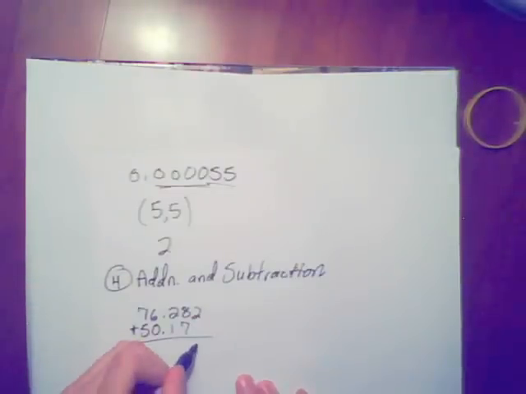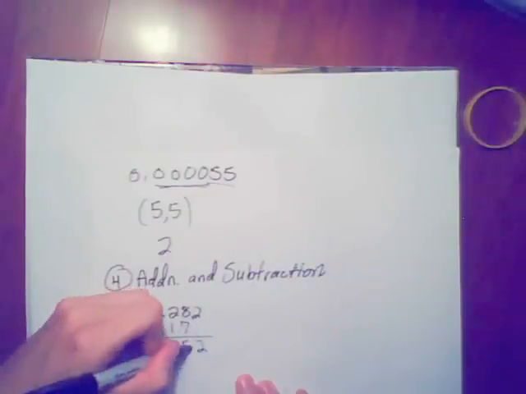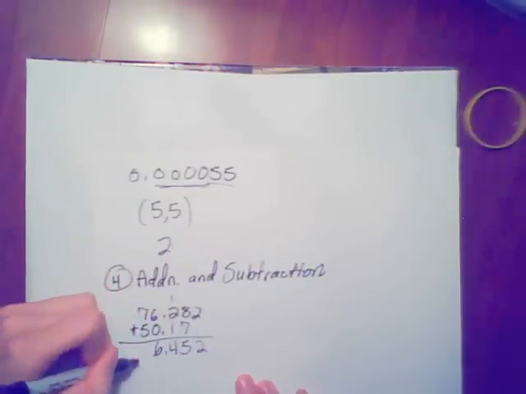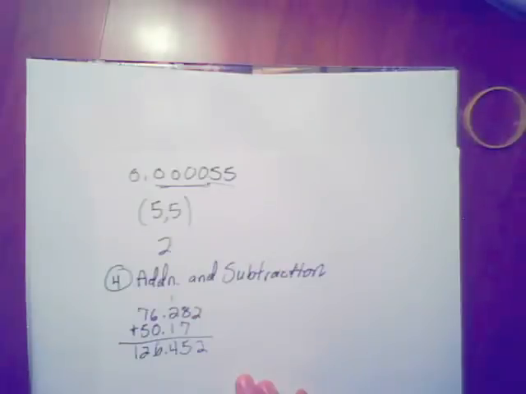So if we add this up, just do some simple arithmetic here, carry this guy, go through, you have 126.452. Okay, so if you want to use sig figs, what's the proper number of sig figs for this answer? The answer is 126.45.